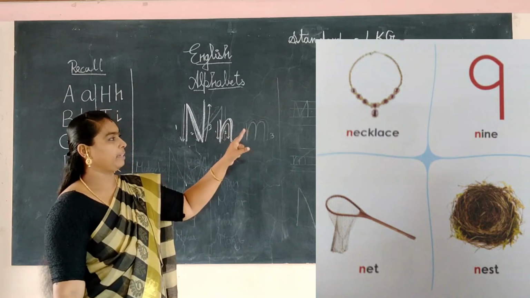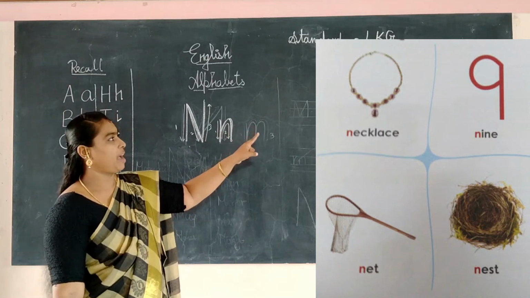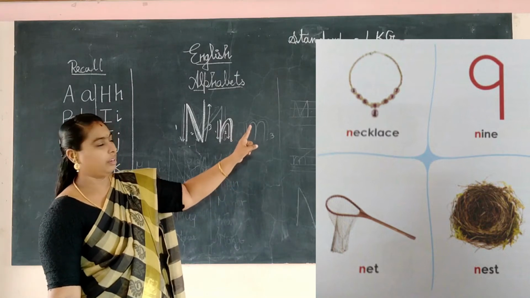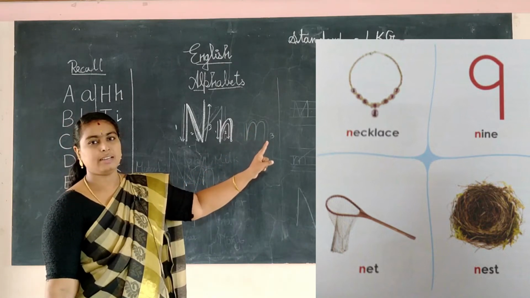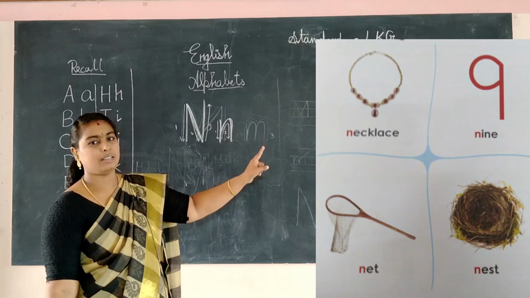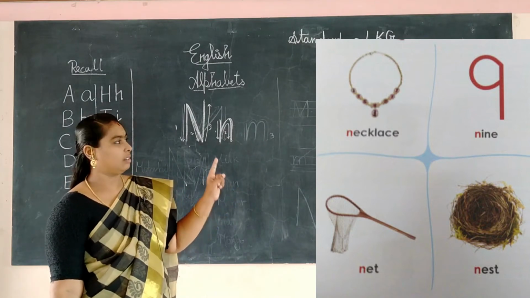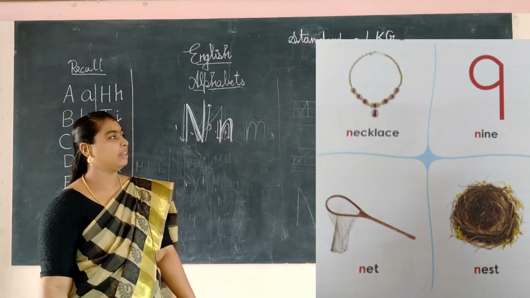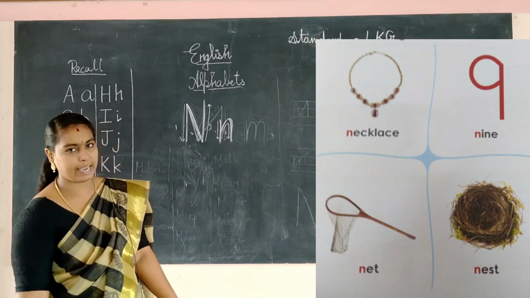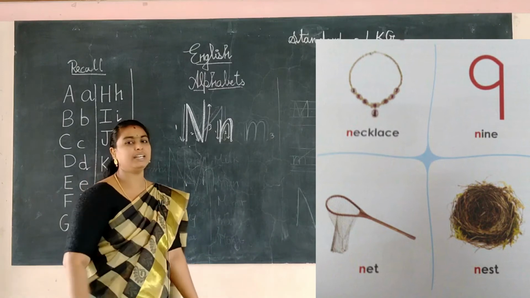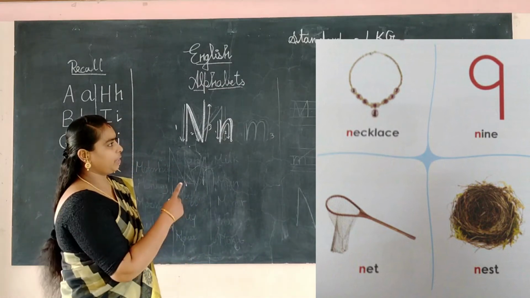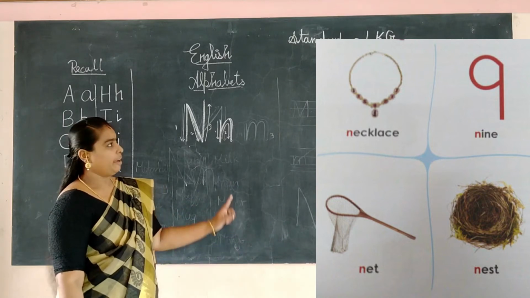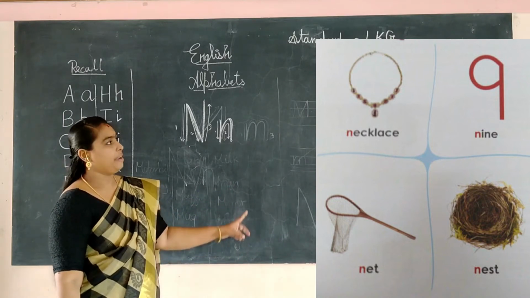Nightingale, necklace, 9, number 9. The next one is nest, net. Say net. Say again. Nightingale, necklace, 9, net, nest.